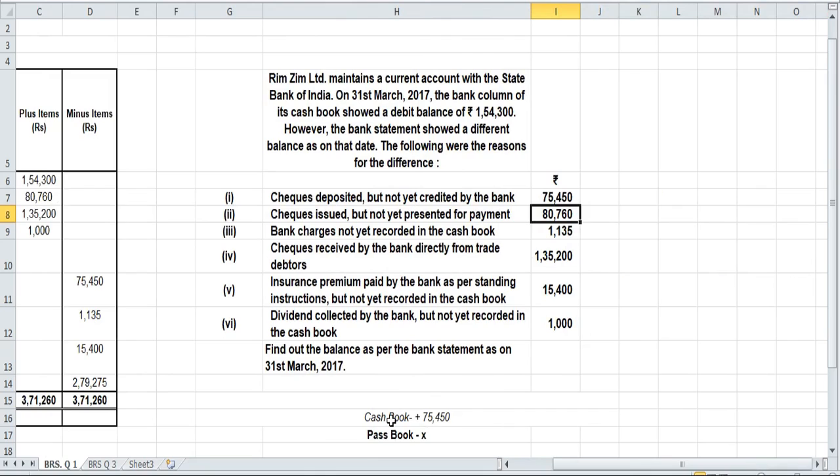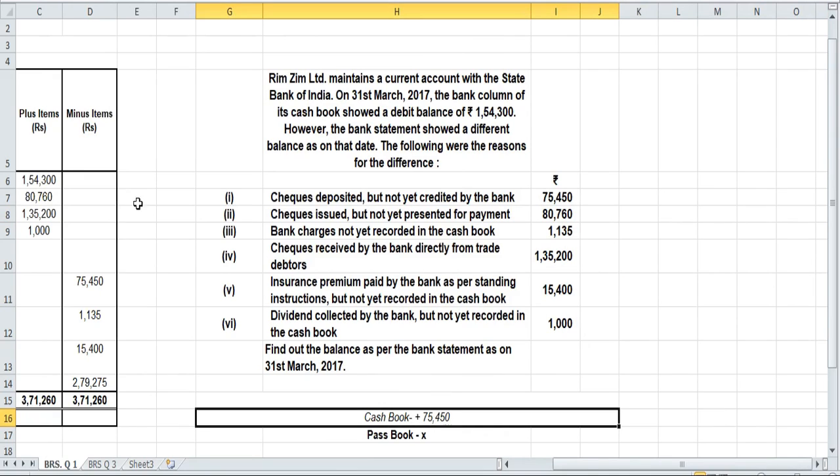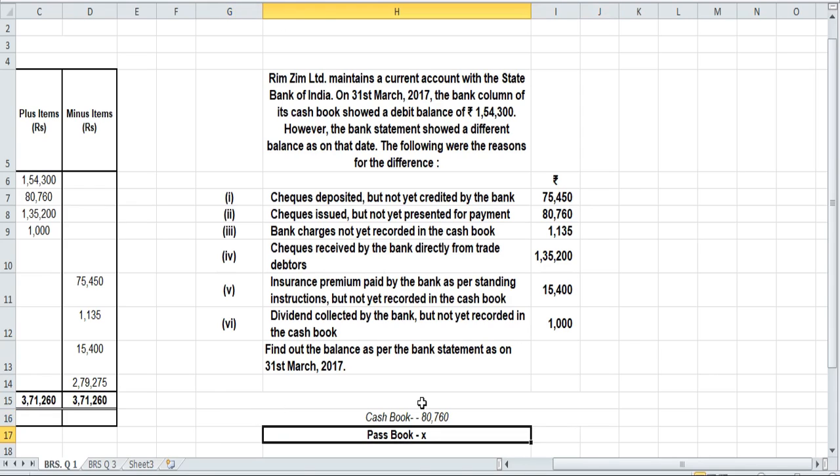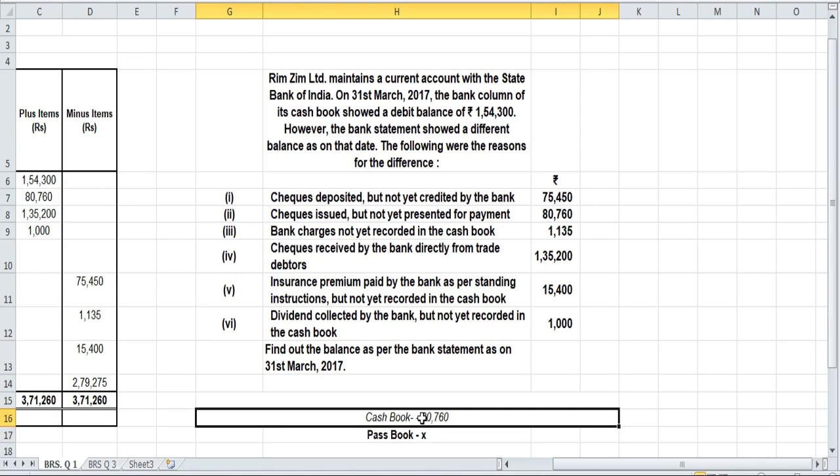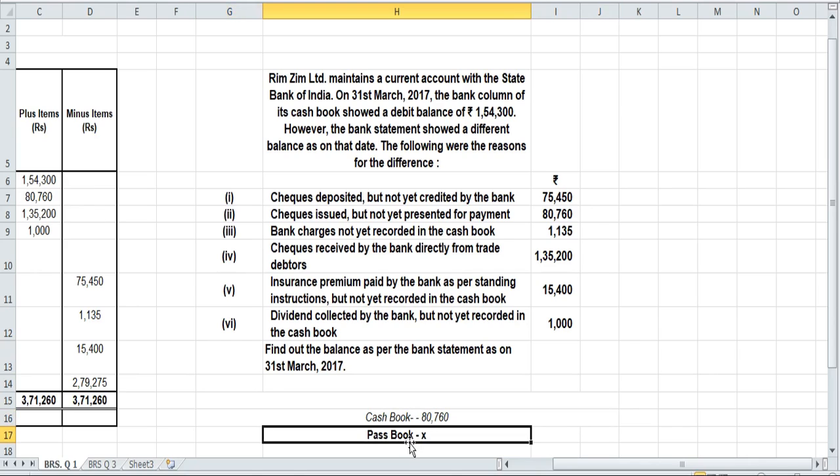Number 2, checks issued but not yet presented. So what is happening over here? We have issued the check. That means we have taken out the check. So let me write a minus sign here. We have issued the check of 80,760. But we have not entered it in the passbook. That means our cash book is down and in our passbook no money is out.